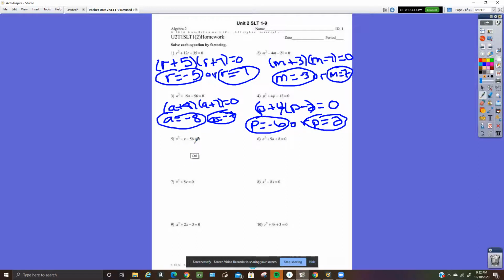And then the factors of -56 that add up to -1 are -8 and +7. So V equal 8, or V equal -7.